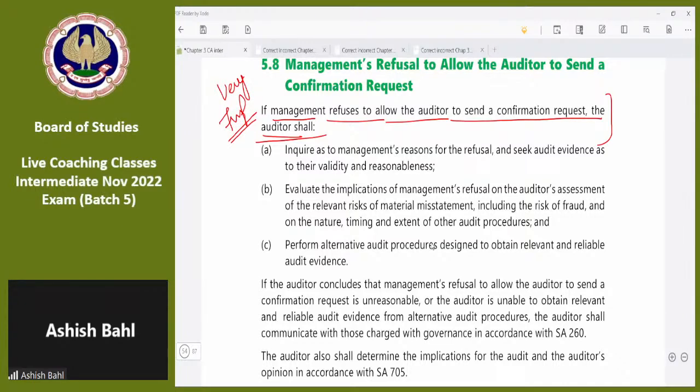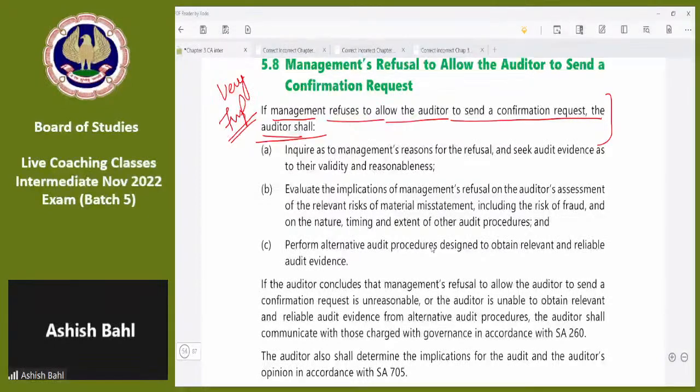Say the management says we do not want you to take addresses of our suppliers because it would leak our business secrecy. The management might say so, or it may not provide complete addresses or complete email addresses. So what would happen in such a case?